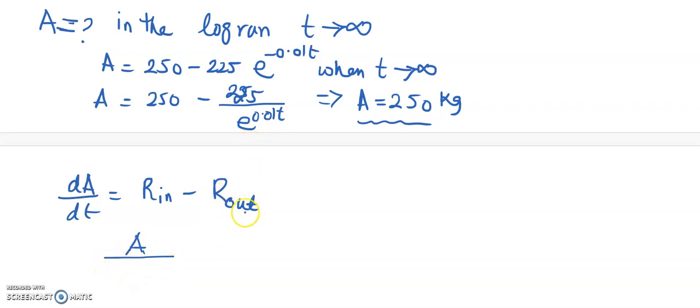Now we have assumed that the R out is not the same as the R in, so we can assume the outlet rate is less.